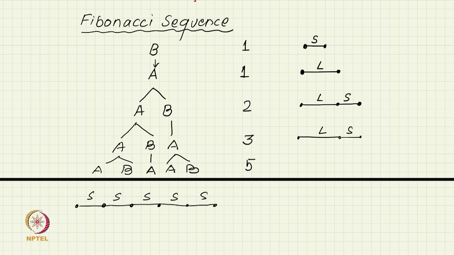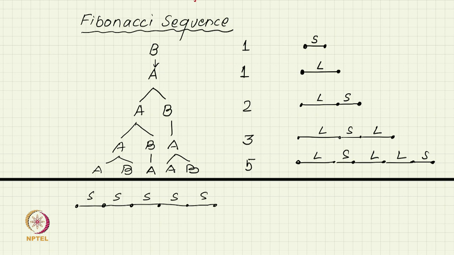long, short, long, long, short. Think of repeating this process. I have repeated only 5 times. Repeating this process to more and more iterations, you will get a sequence of long and short segments.